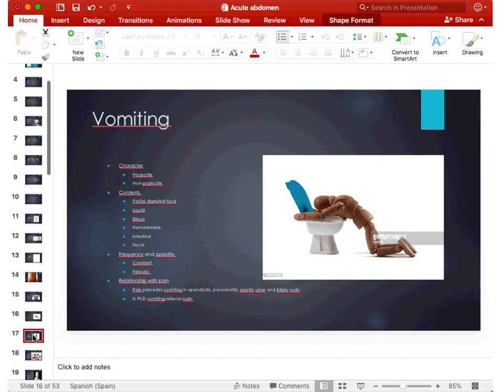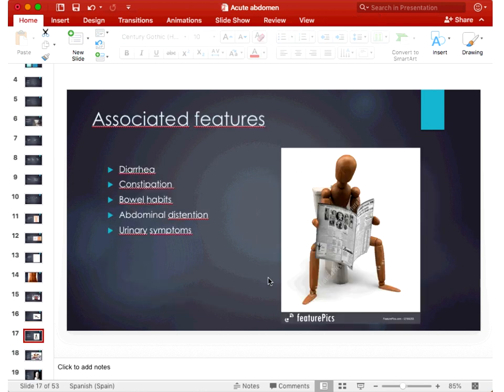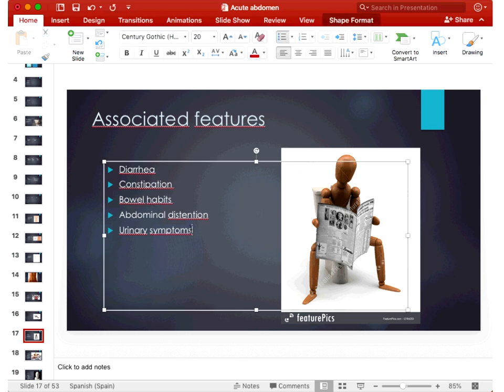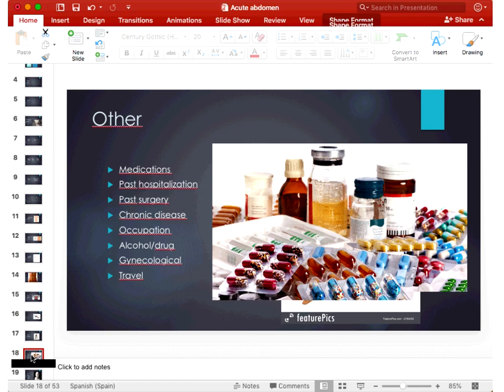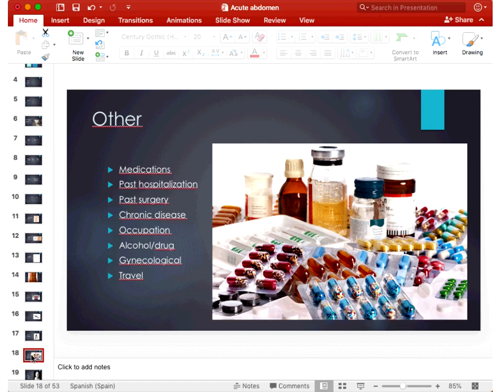After vomiting, the pain eases. So after you find out about this, then you have to ask for associated features such as diarrhea or constipation. Does it have abdominal distension? And very important, you need to ask about urinary symptoms. And very important, medications.